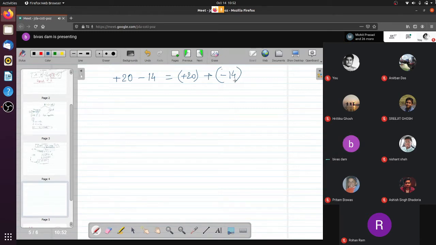So definitely I have to go for a signed number system, and so far I have gone through only one type, that is the signed magnitude number system. So I have to represent plus 20 and minus 14 using the signed magnitude number system.